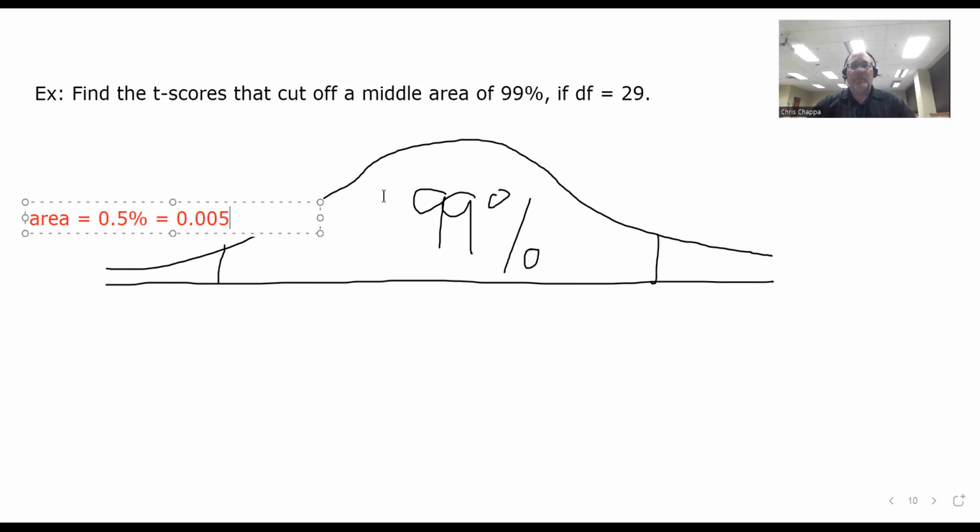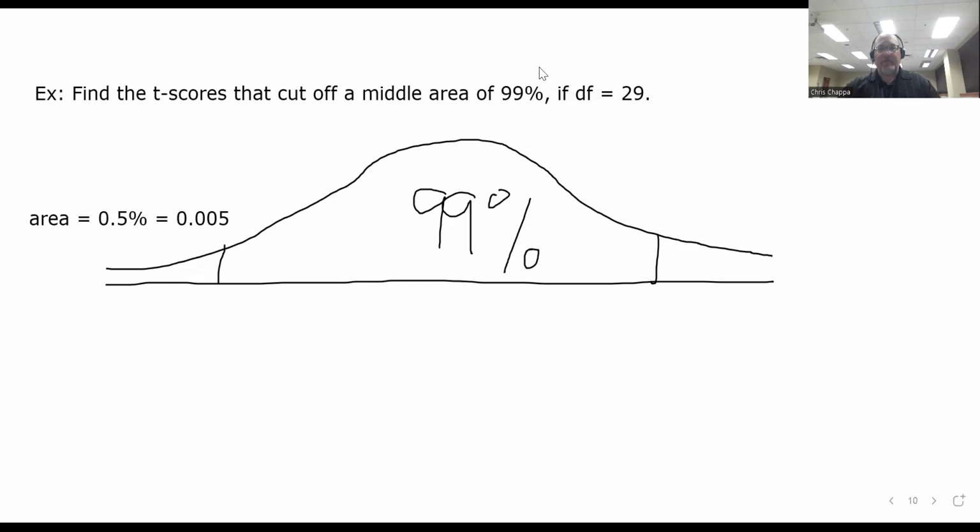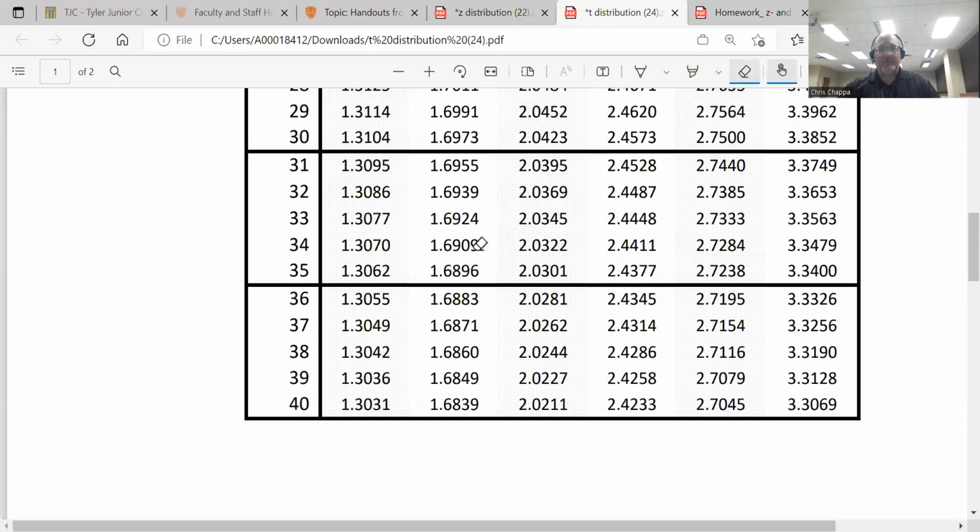There we go. All right, 29 degrees of freedom, 0.5% in the left tail.